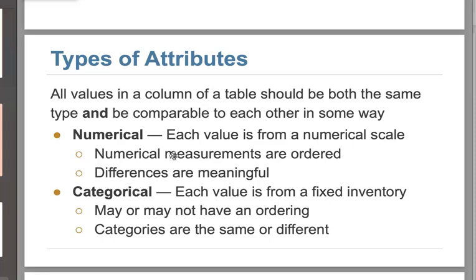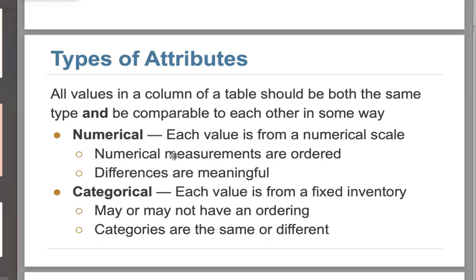They may or may not have an order. Sometimes categorical data has an order, but a lot of the time we don't have an order. For example, center or forward or point guard, or your major when we ask students to fill in their major.